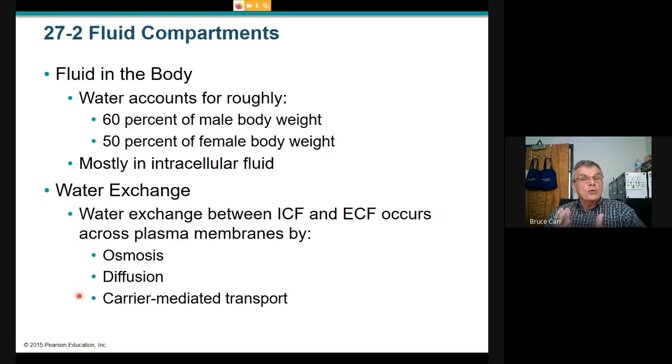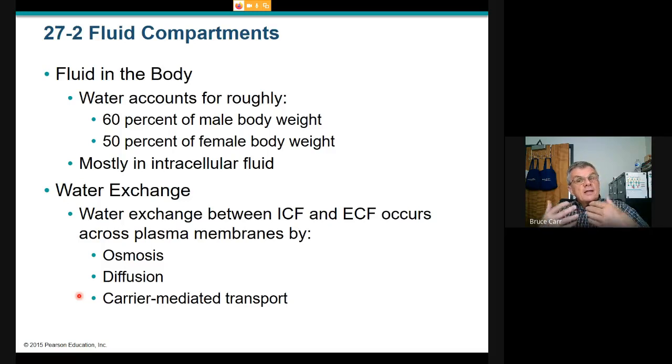We saw this with the sodium-potassium pump in the nervous system. If you recall, the sodium-potassium pump in every membrane is pumping sodium out and potassium in to the cell. 1 ATP will move 3 sodium out and 2 potassium in.